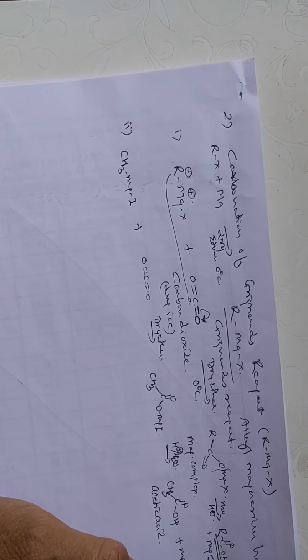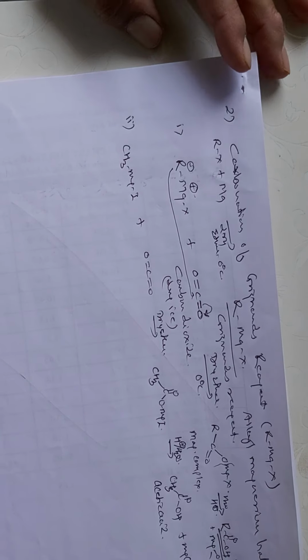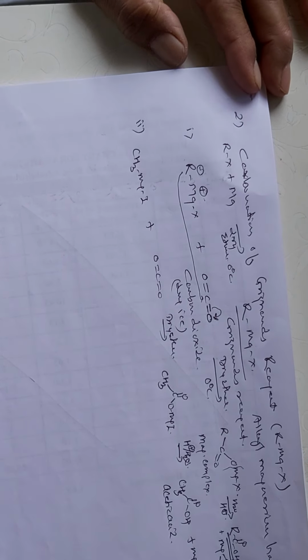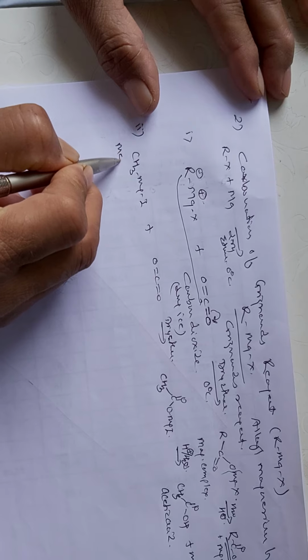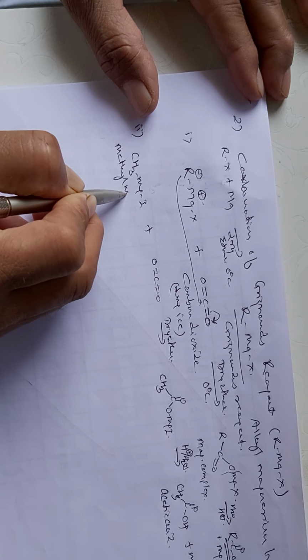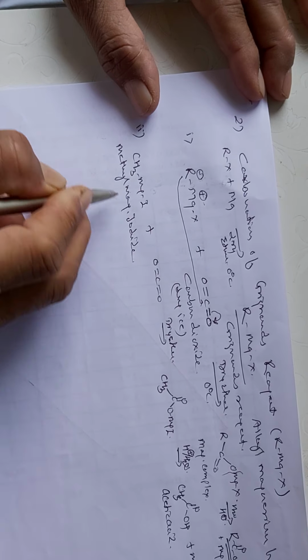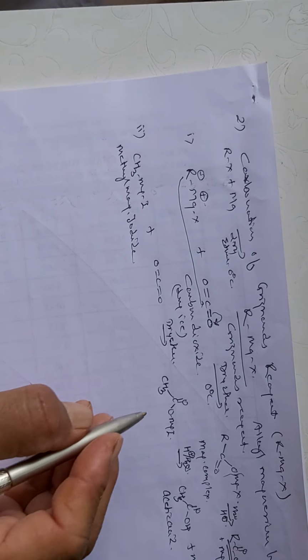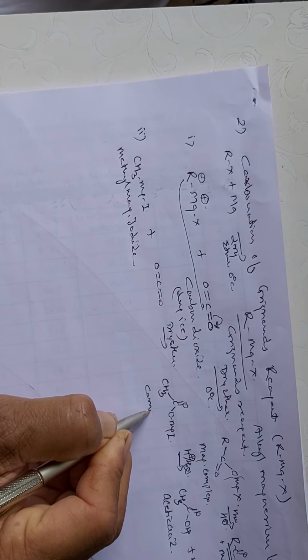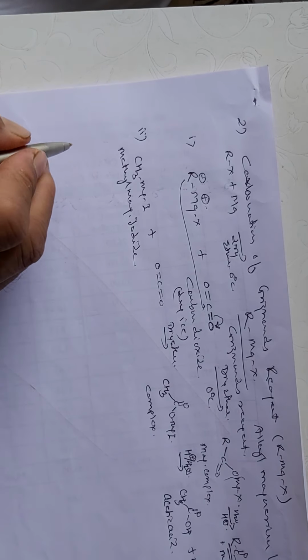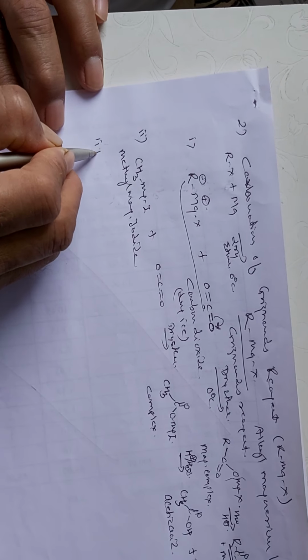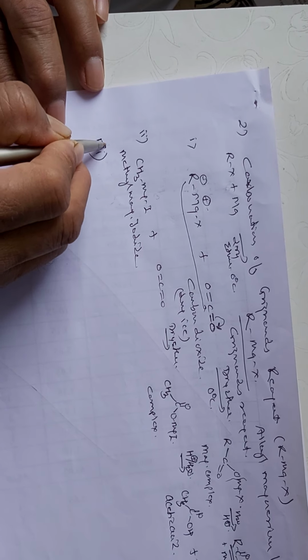So in this way we can synthesize different types of acids. This methyl magnesium iodide on reaction with carbon dioxide gives you the complex, and this complex further undergoes hydrolysis.